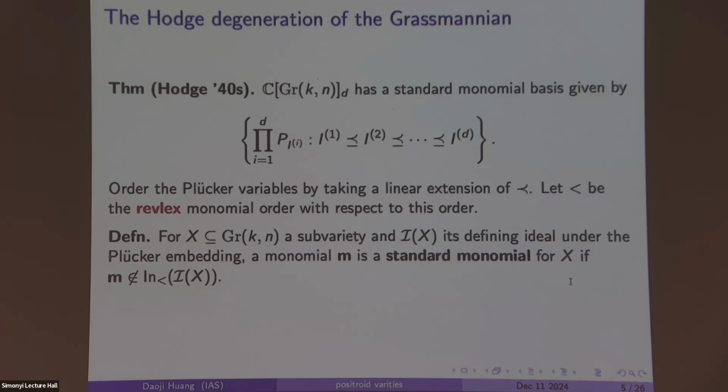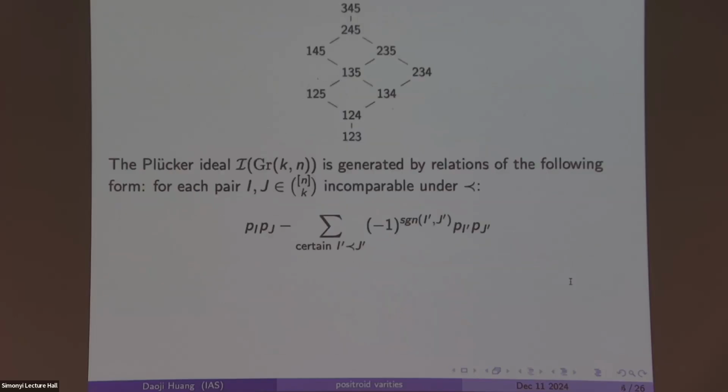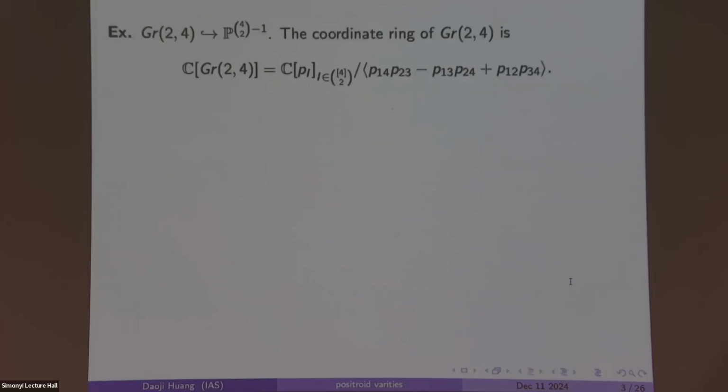Could you say again why incomparable pairs always win? I didn't understand that. Right, so let's look at a Plucker relation: 1 4 times 2 3, 1 3 times 2 4, and 1 2 times 3 4.